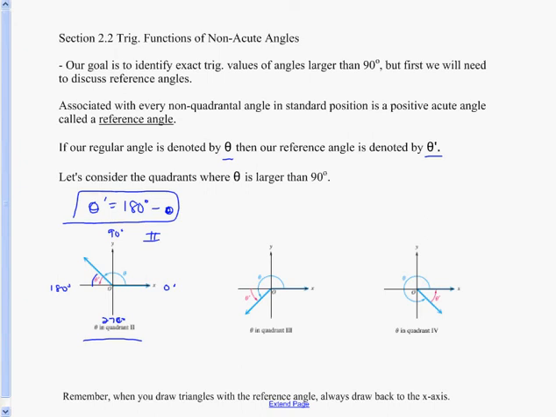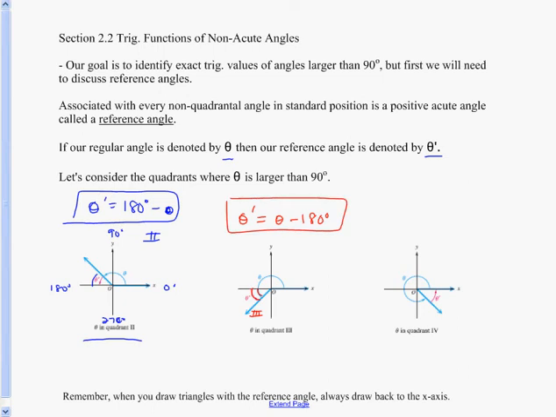Looking at the next drawing, where theta moves into quadrant 3, to find theta prime we take theta first and subtract off the 180 degrees, to get this little portion between those two amounts.